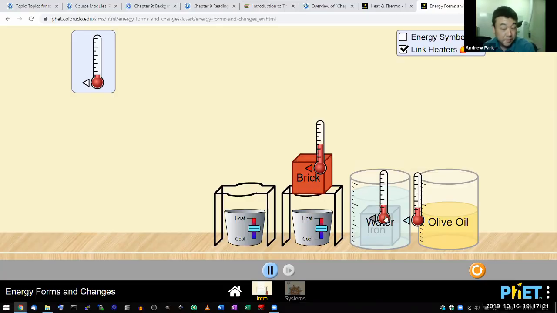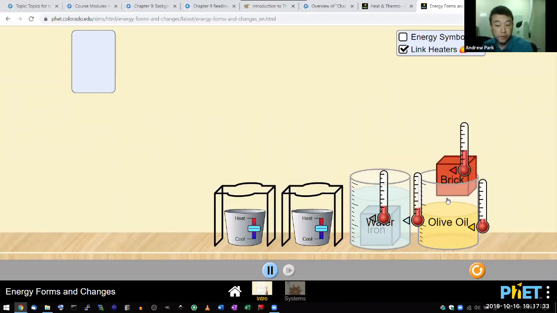It cools down quite a bit, and the water warms up a bit, but not quite as much. Interesting. If I do the same thing with the brick, putting it in olive oil, the oil goes up in temperature a little bit more. Was it because of the difference between iron and brick?